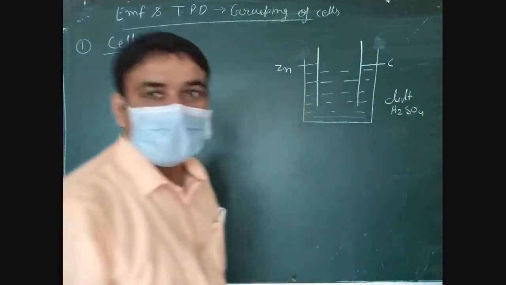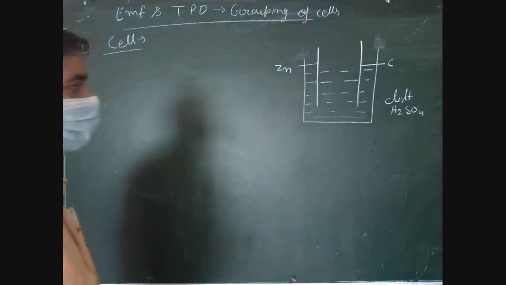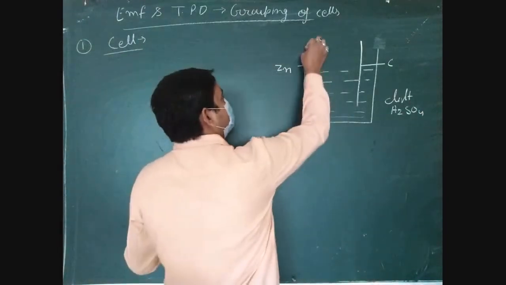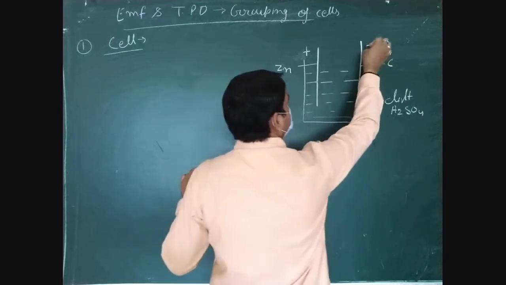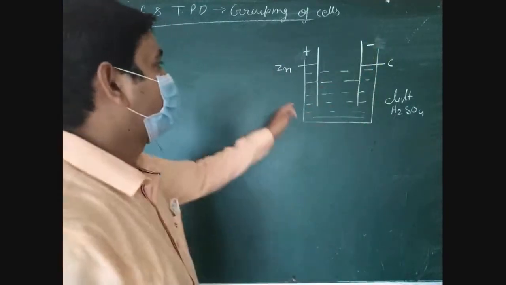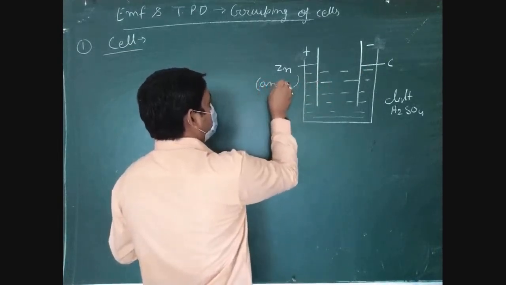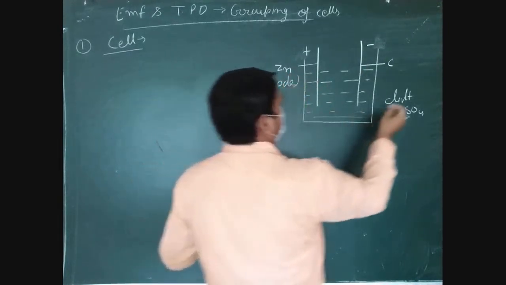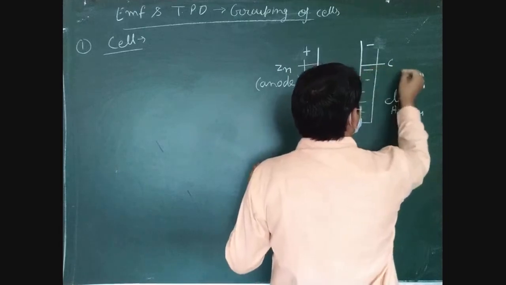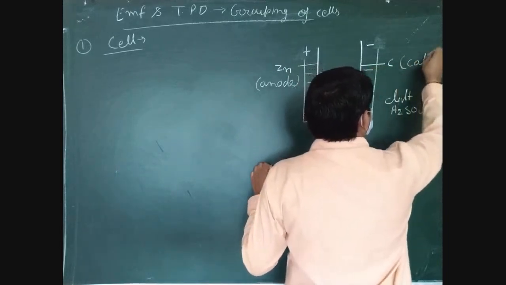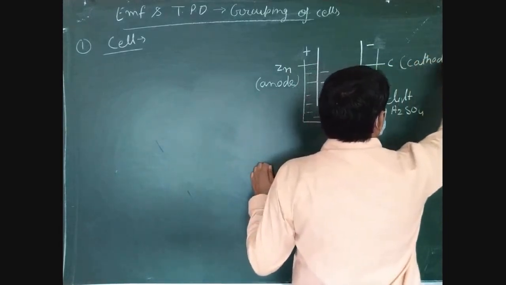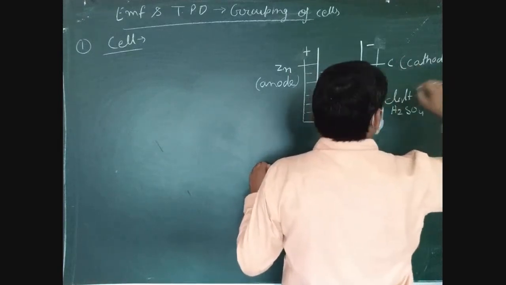Why are we using dilute H2SO4 here? First, this is positive and this is negative. So this one works as the anode and this is the cathode.